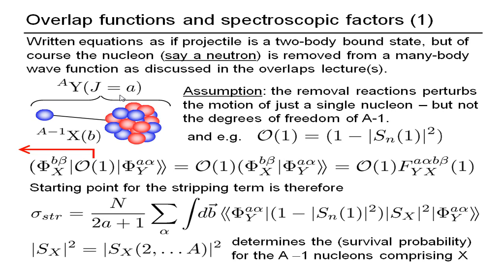If you remember, the key thing was the assumption that the removal reaction perturbs the motion of just the nucleon without affecting the other A coordinates of the nucleons left behind. So in our case, the operator that is removing the nucleon, for instance in the stripping term, is this guy. That's the thing that sits in the matrix element, and it is responsible for inelastically removing the nucleon.